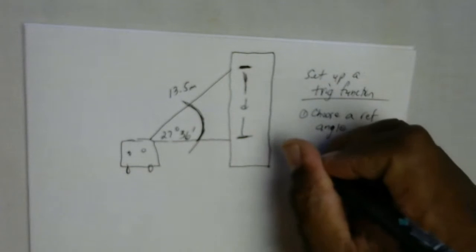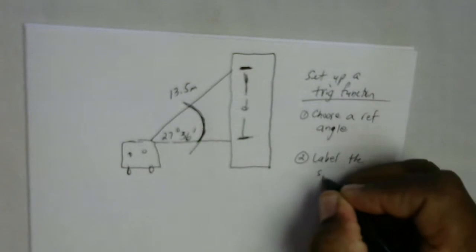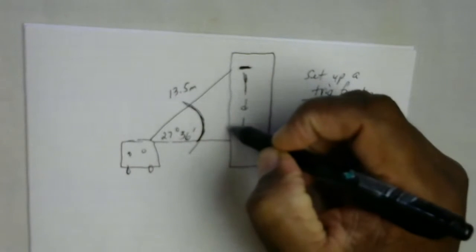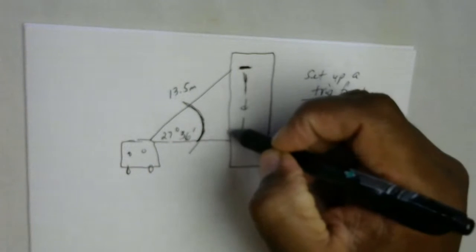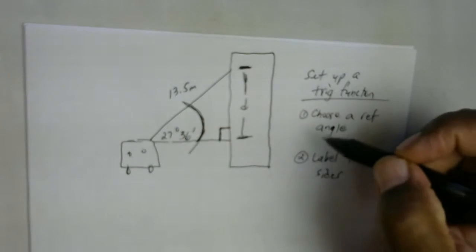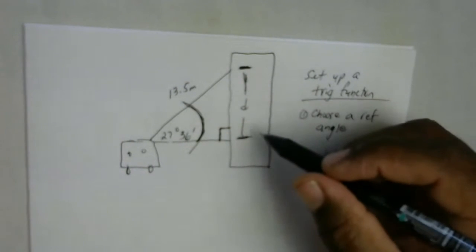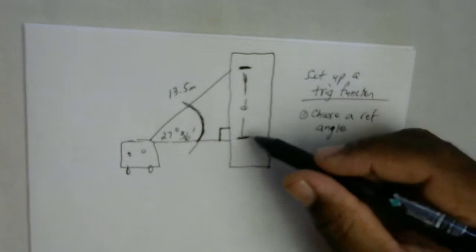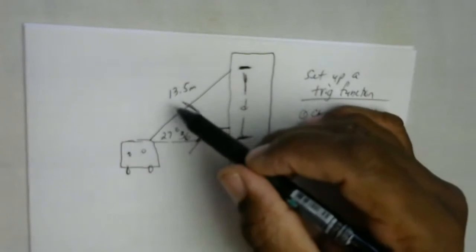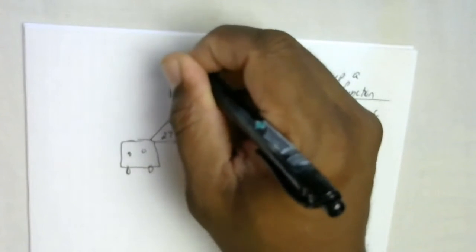The second thing we're going to do is label our sides. Notice that a right triangle is formed, and that right triangle would actually have a right angle here. If we label the sides, the first side I'm always going to label is my hypotenuse, and the hypotenuse is always opposite your right angle. So this 13.5 meter side is the hypotenuse.